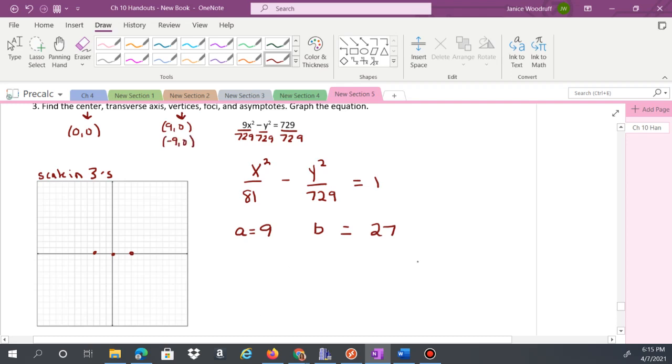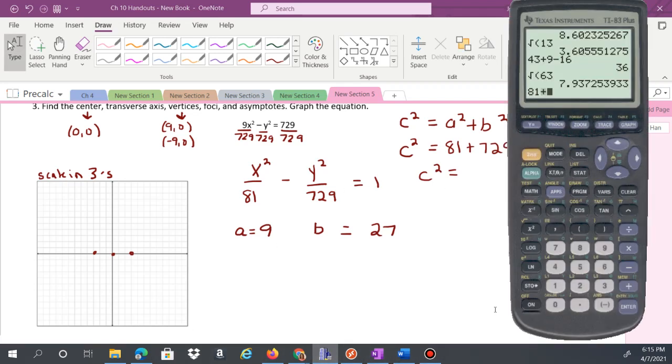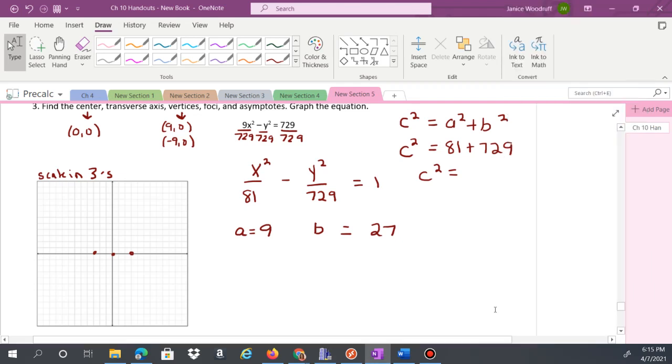Okay, foci, I've got to find the foci. So foci is going to be c squared equals a squared plus b squared. So let's see here. 81 plus 729 is going to give me 810, and that is not a perfect square, which is a bummer.